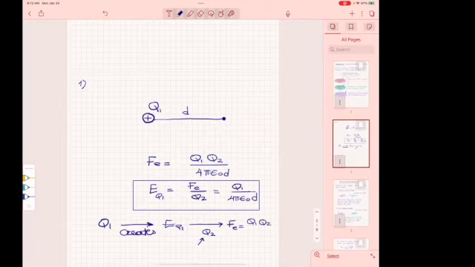So there are two ways to talk about fields and forces, all right? Either you start with the concept of the force, two charges feel a force, or you start with the concept of an electric field, one charge creates an electric field, and then when you bring another charge, it feels the force. All right, so these are two ways.